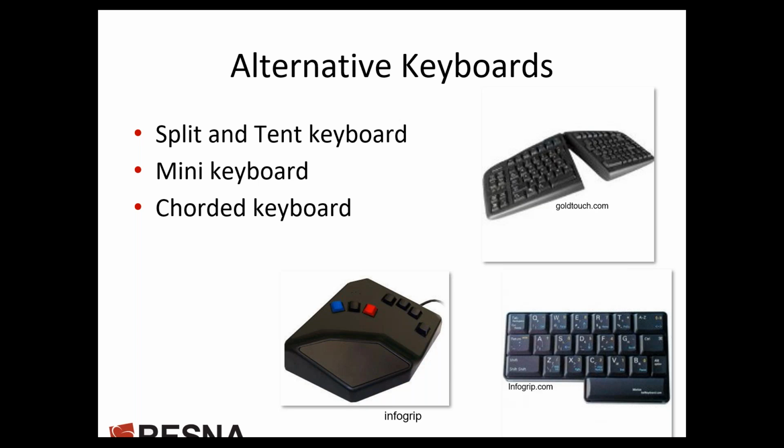So they're pretty cool. On the bottom right, we actually have what's called a half QWERTY keyboard. And this is also for one-handed typing. When the user needs the other half of the keyboard, they hold down the space bar, and then there's a mirror image key so that you can access the other half of the keyboard.